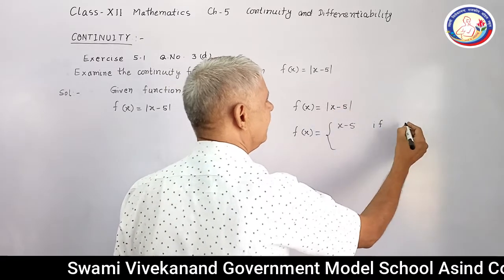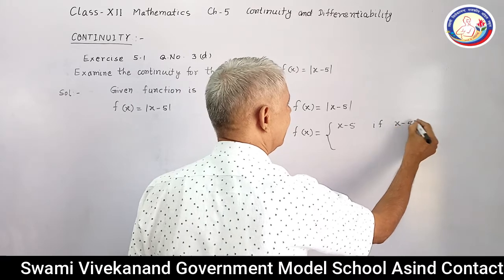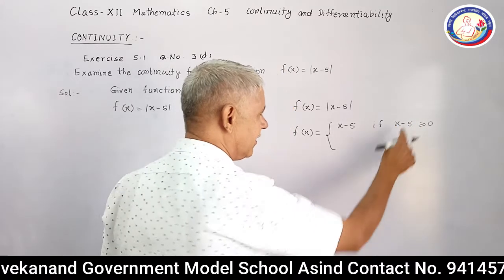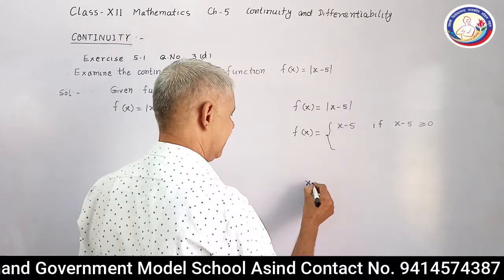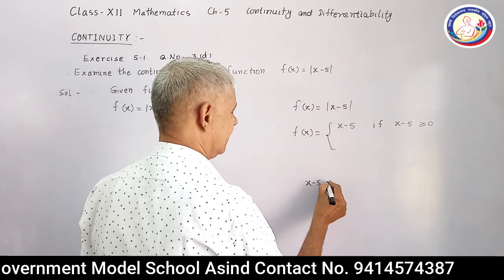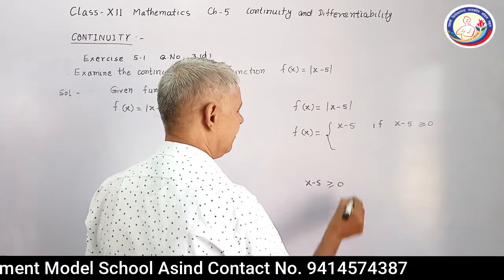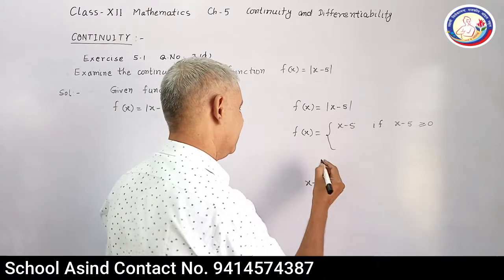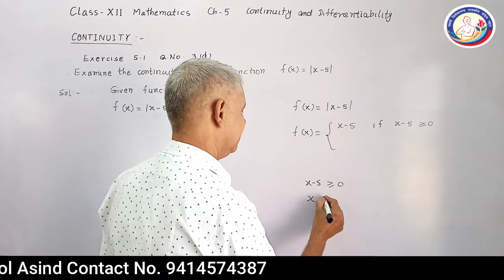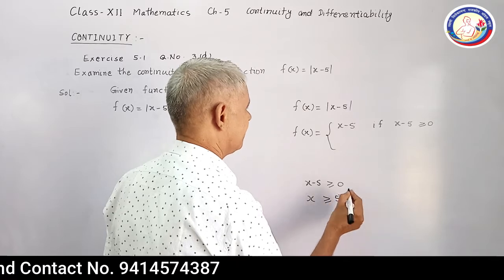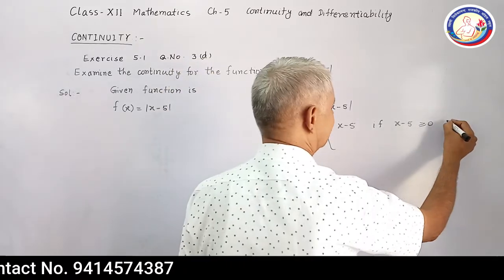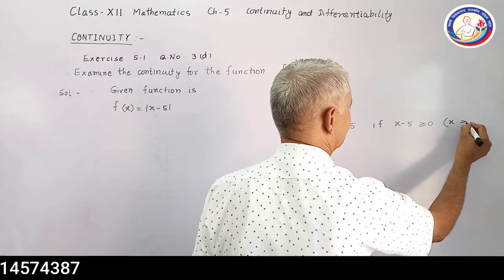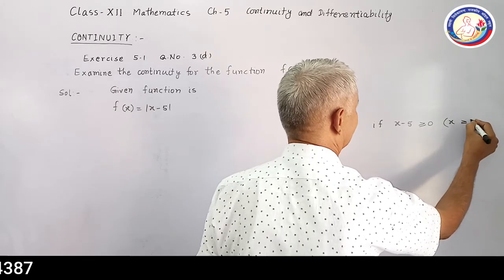If it is positive, it means x minus 5 is greater than or equal to 0. By the law of transposition in equations, we can write it as x is greater than or equal to 5.